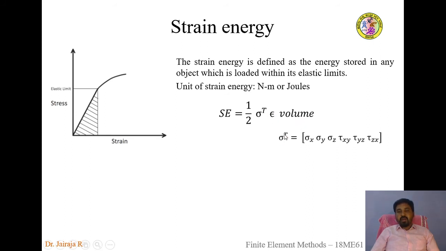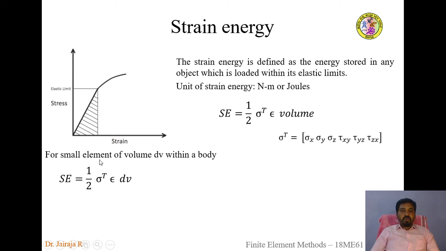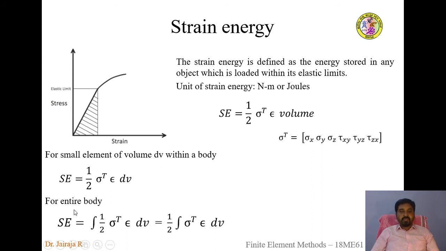Here sigma transpose consists of 6 stress components: 3 normal stresses and 3 shear stress components. So for a small element volume dV within a body, strain energy can be represented as sigma transpose epsilon dV. For the entire body, we need to integrate this equation, so integration of sigma transpose epsilon dV.